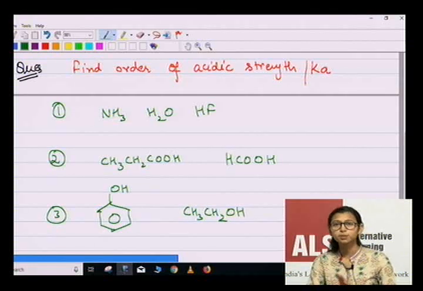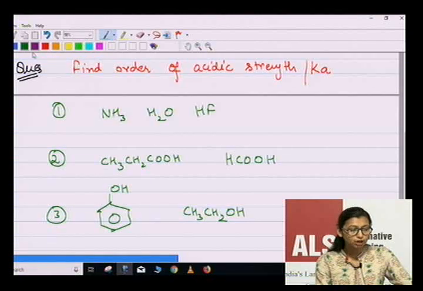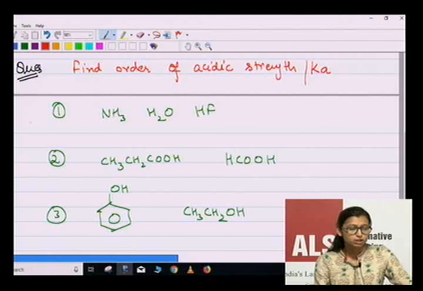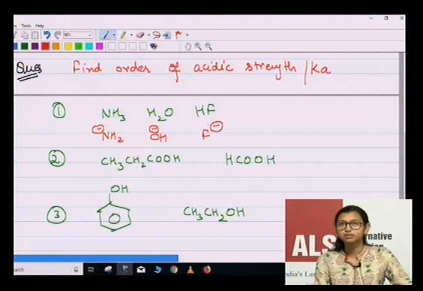Now, just to explain to you, because you are new, now I want to find out the acidic strength order. What will I do? I know what a good acid is, which will give the H plus ion. So, remove the H plus ion from all of the compounds, right? So, I will be getting NH2 minus, I will be getting OH minus, and here I will be getting F minus, right?